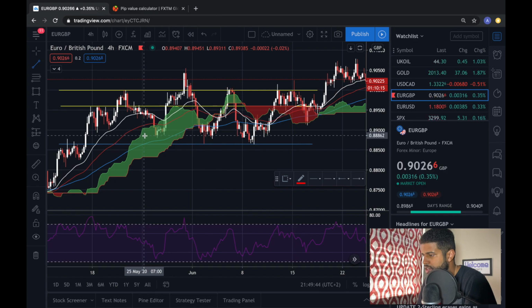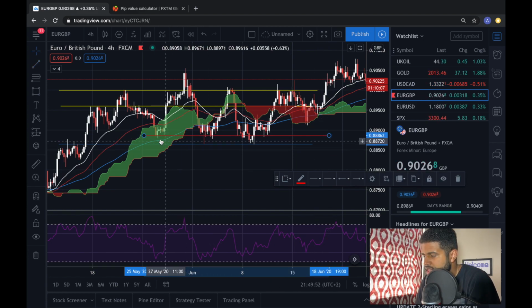If I draw this line right here, you could see that it respects this line. Bam, bam, bam. Here, 1, 2, 3, 4. Here, respects it. Bam, bam.